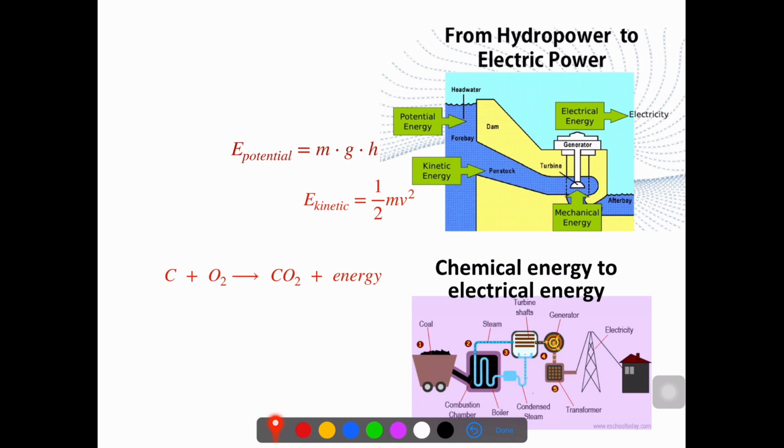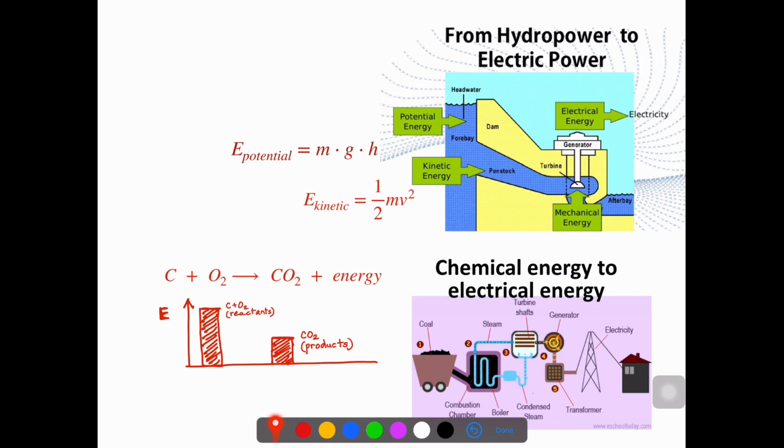So we want to focus on reactions. Where does this energy come from in a reaction? How do reactions release energy? Basically, each chemical substance contains some amount of chemical energy. So carbon contains some amount of chemical energy, oxygen has some energy, and carbon dioxide contains some energy. Turns out the energy content of carbon plus oxygen is higher than the energy of CO2.